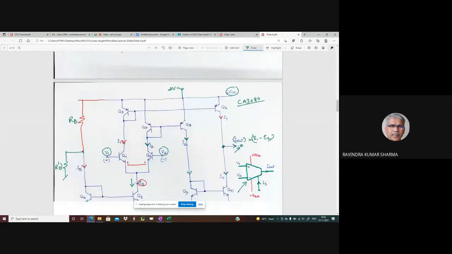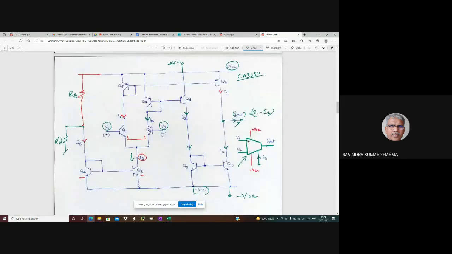All right, here let me clarify that RB has to be found out. This RB can be found out by writing RB equals plus VCC. In fact, because this plus VCC is equal to this minus VCC, you can straight away write twice VCC minus 0.7 divided by the IB.